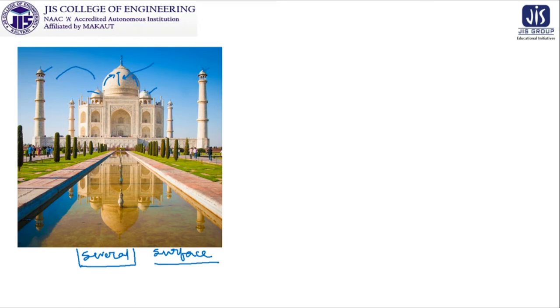So I think you are now getting the clue that I want to give you the idea that these are nothing but local maxima. All these are local maxima. And among all these local maxima, the one giving you the highest value will be termed the global maxima for this particular Taj Mahal.